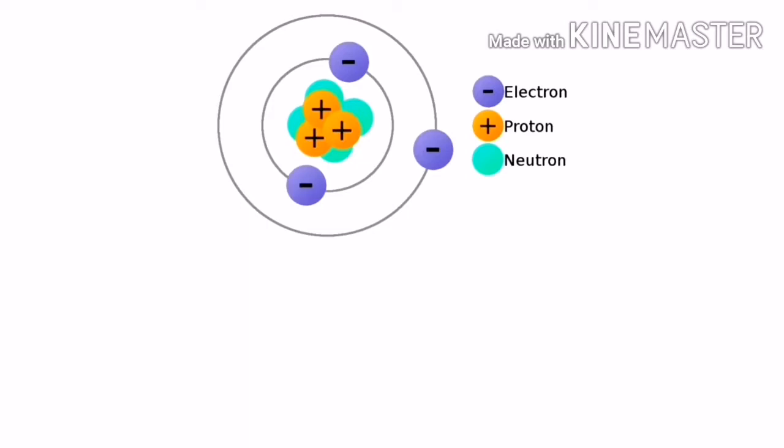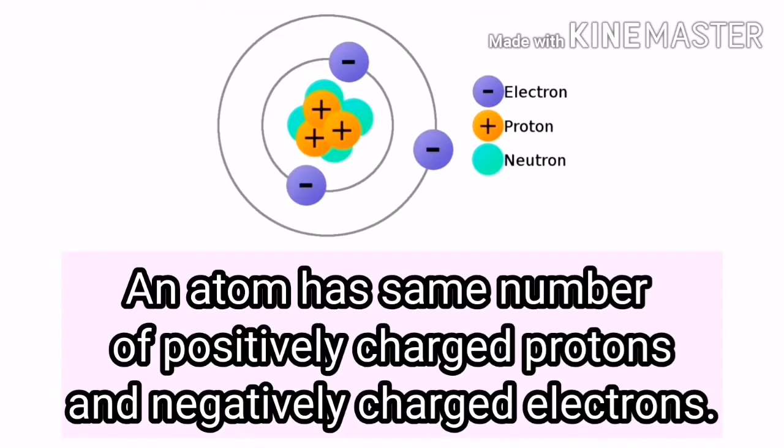So students, basically this is an atom. Clear? Always remember that an atom has the same number of positively charged protons and negatively charged electrons. So this is an atom.